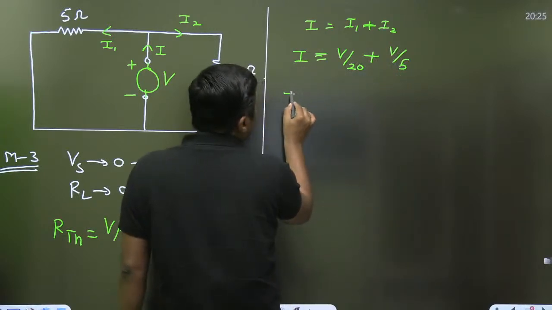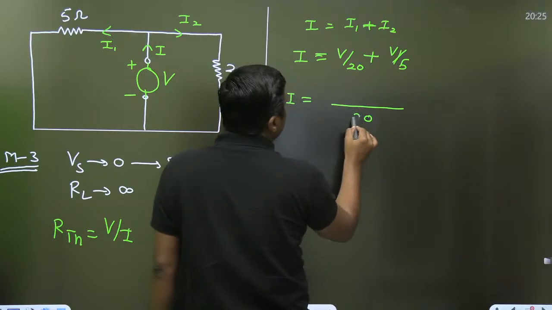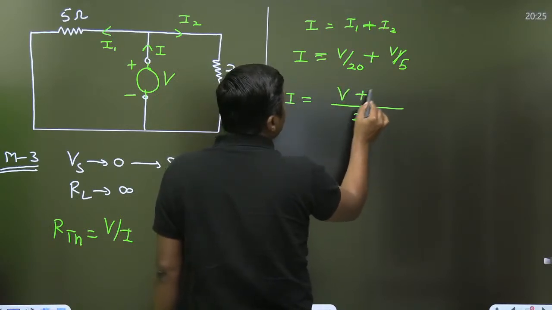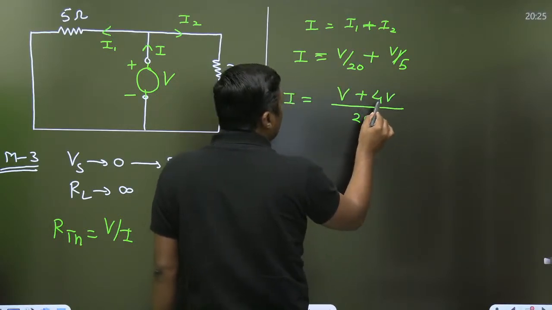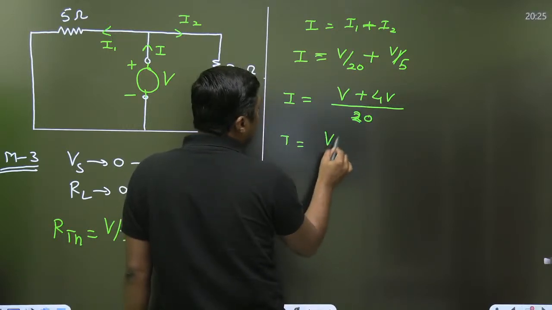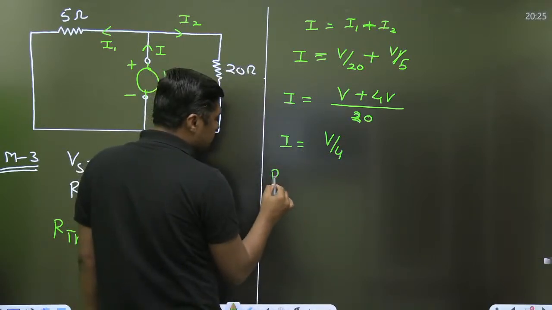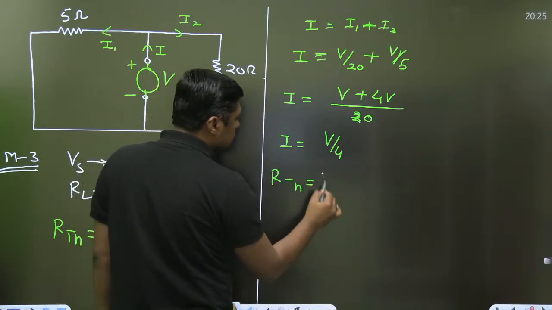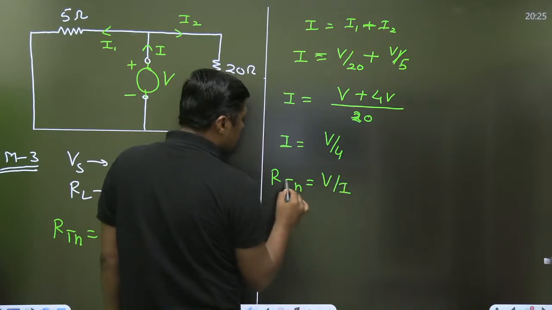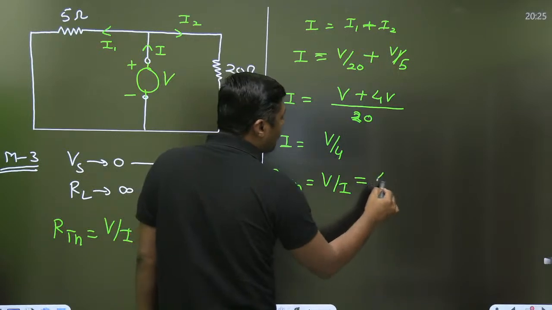You can take 20 as LCM. It will become V plus 4V. And now I is equal to V by 4. Tell me, what is the V by I? V by I is equal to 4 ohm.